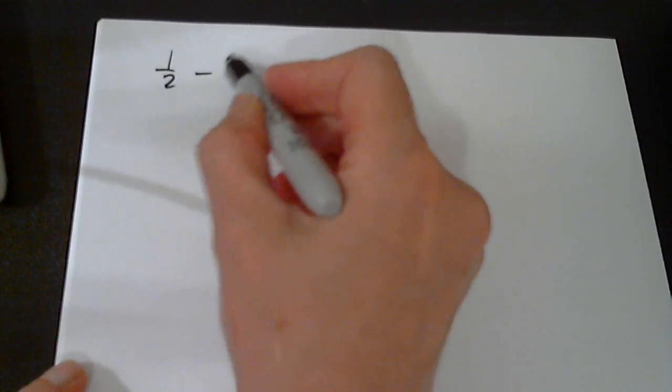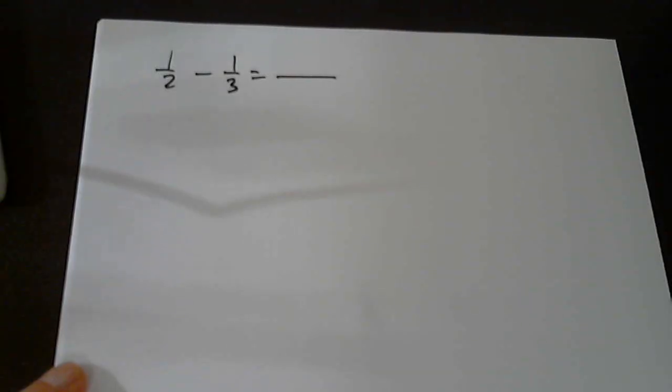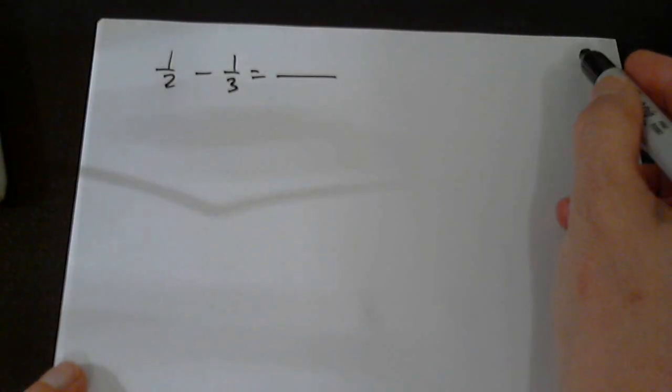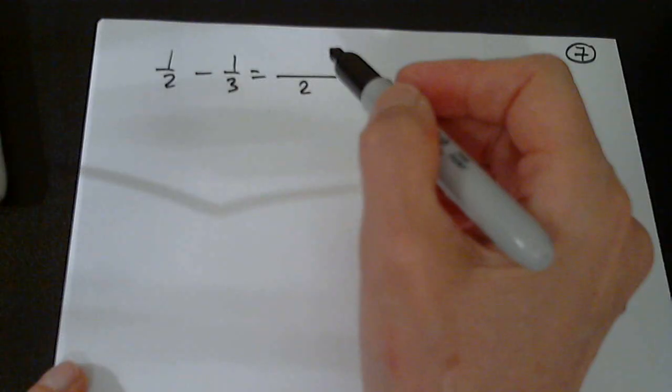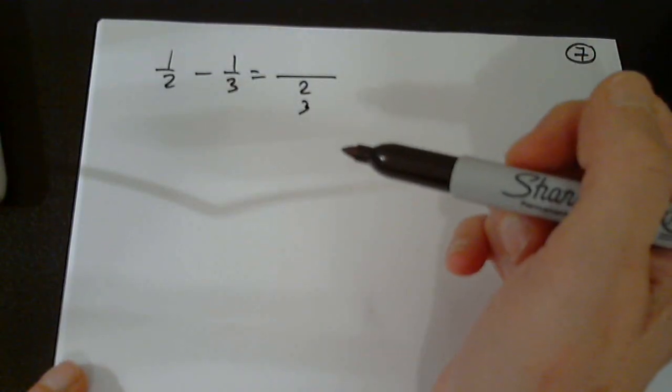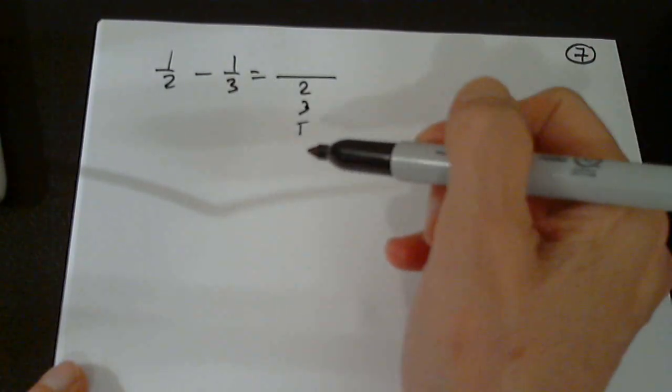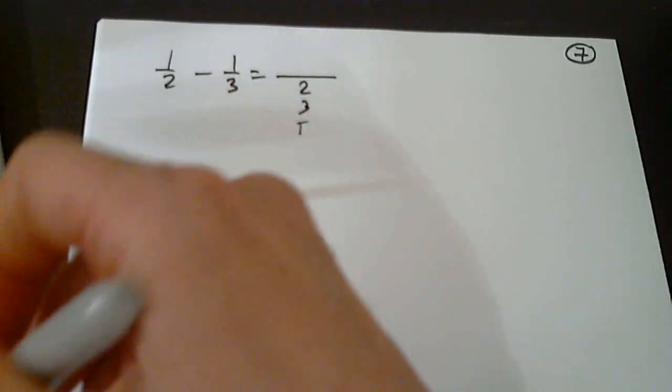If I have 1/2 minus 1/3, how do I find the least common denominator? What is the answer? Is it 2? Is it 3? Is it 5? It would be 6.